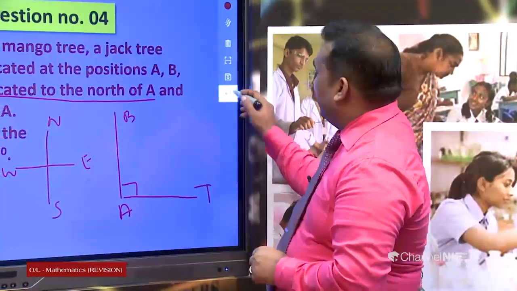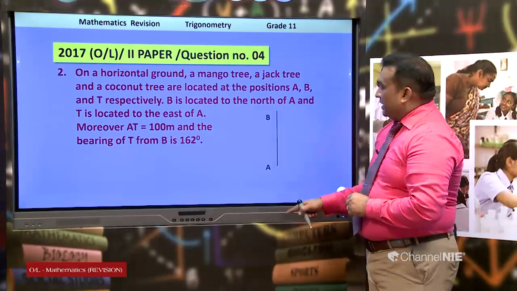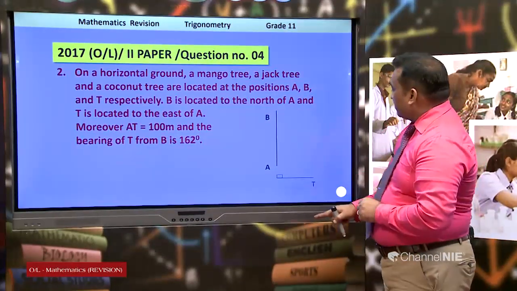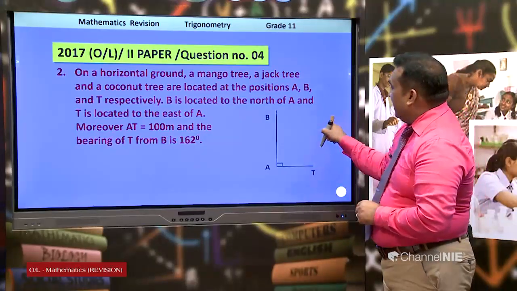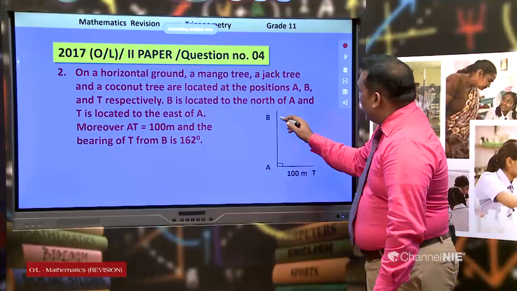We will see the diagram: AB, then you can see AT. AT is 100 meters, and the bearing of T from B is 162 degrees.